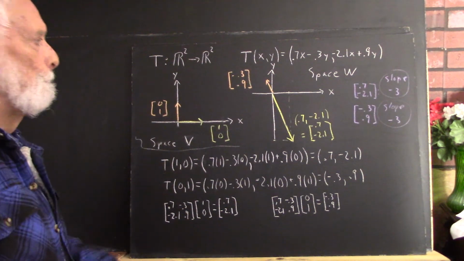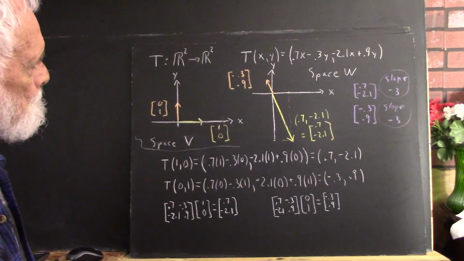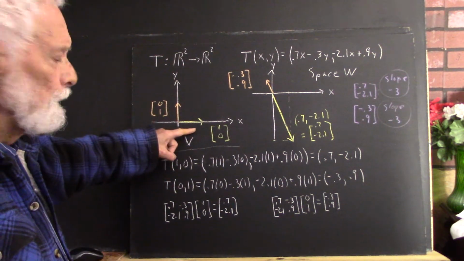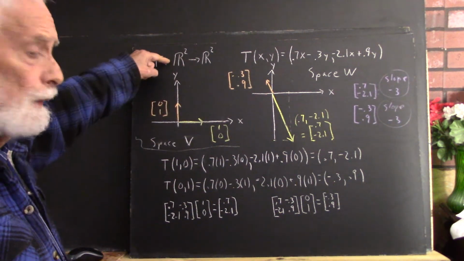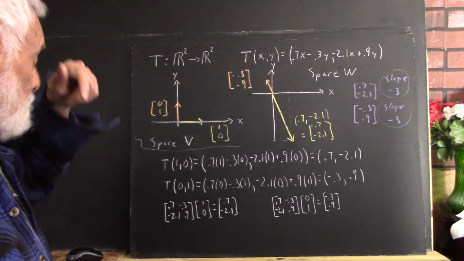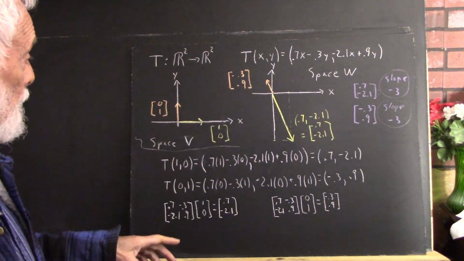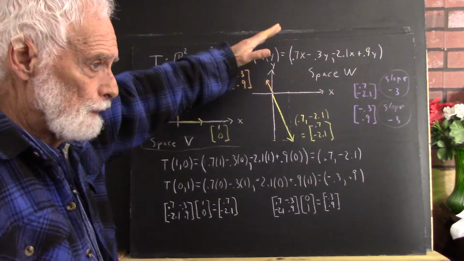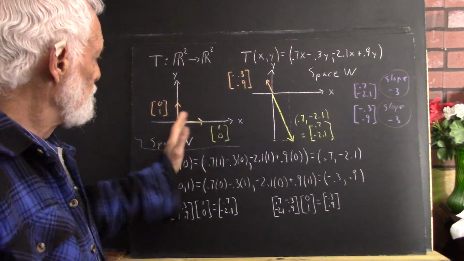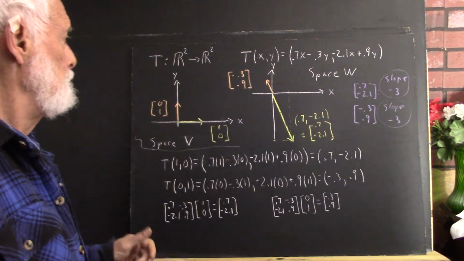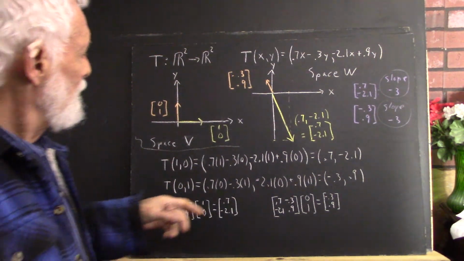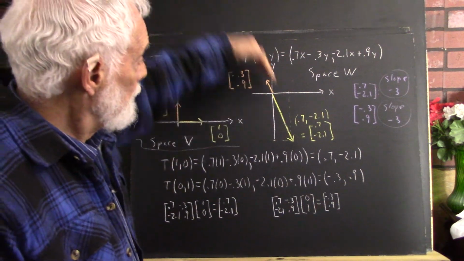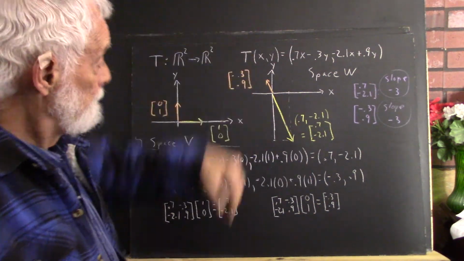Okay, well, it gets even better. These two vectors are a basis of R2. Means any vector in R2 can be expressed as a linear combination of this one and this one. Well, any linear combination of these vectors is going to be along the same line here.